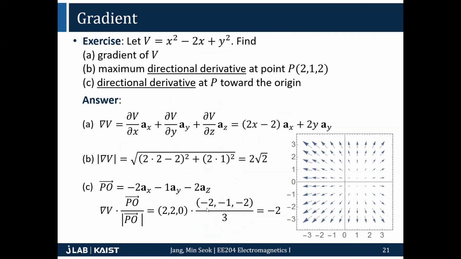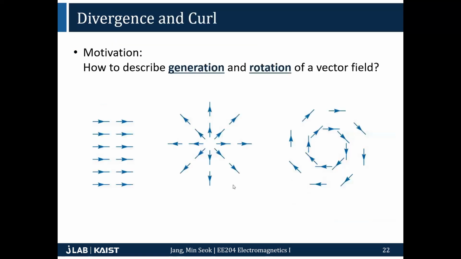So this is about the gradient. Again, the gradient is about the slope, but we have multiple variables, so slope is not defined by a single number. We need multiple numbers, and the gradient is how you define it. Next time, what we are going to learn is divergence and curl.